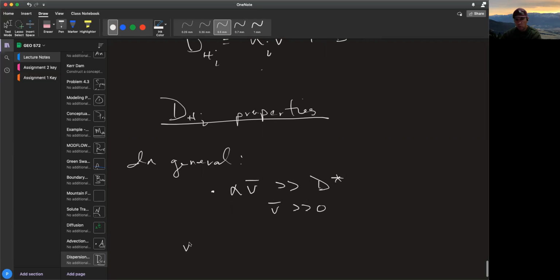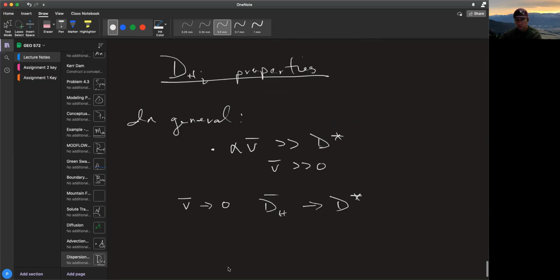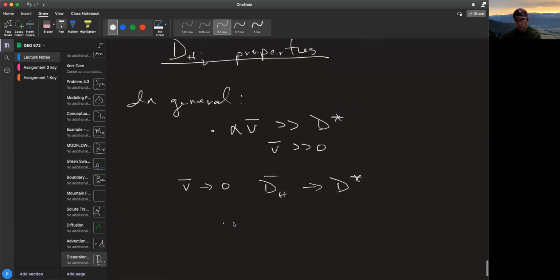But when the fluid velocity goes to 0, then our D_H goes to D star. So when fluid velocity is really low, our Fickian transport is dominated by diffusion.